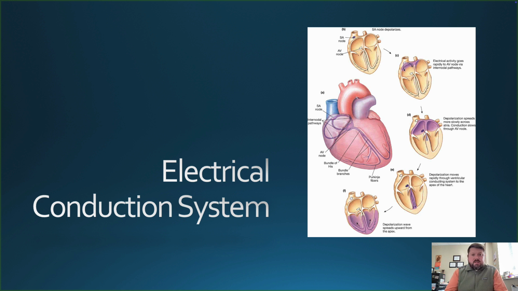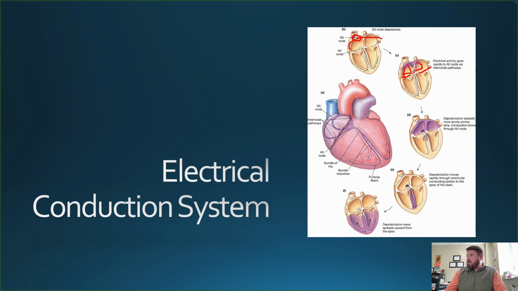This is just a graphic of what happens when you have the electrical impulse starting at the SA node. When the SA node depolarizes, the conduction travels through the internodal pathways and moves rapidly to the AV node. Remember, you've got your AV septum here that prevents any of this conduction from going further, and it routes it all back to the AV node.